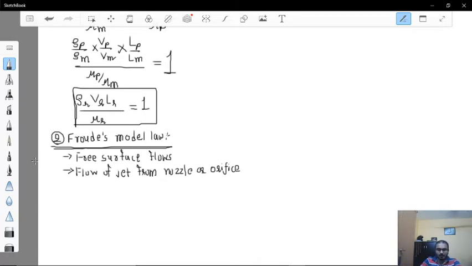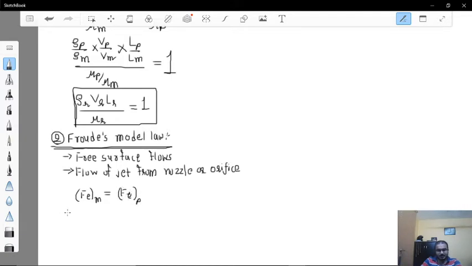now the Froude number will be same, so Fe of model is equal to Fe of prototype.